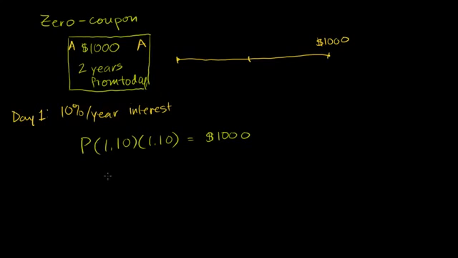So P times 1.1 squared is equal to 1,000, or P is equal to 1,000 divided by 1.1 squared. Another way to think about it is the price that someone would be willing to pay if they expect a 10% return is the present value of $1,000 in 2 years, discounted by 10%, which is 1.10, or 1 plus 10%.